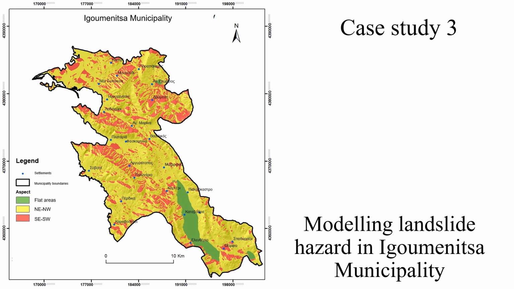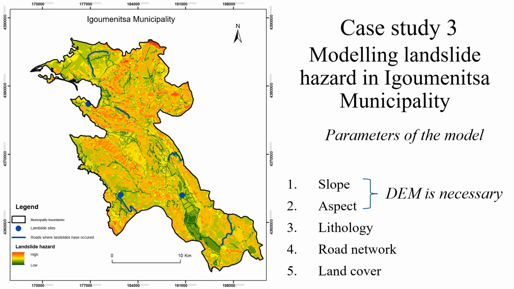This means that the water is not easily evaporated, but instead infiltrates the rocks, causing them to become weaker. Therefore, we consider these slopes as highly vulnerable to landslides compared to all other slopes. We used other parameters as well, and here you can see the landslide hazard.